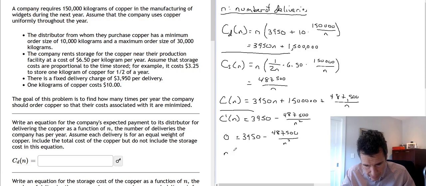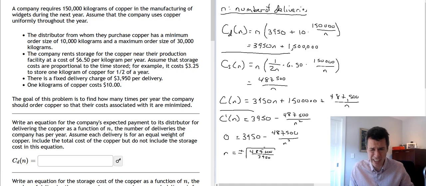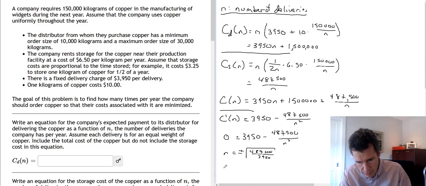And that means n equals plus or minus the square root of 487,500 divided by 3950. Of course, we're not going to care about the negative square root, so we'll just calculate this. Take the square root, and we get 11.11. So the critical number is n equals 11.11.